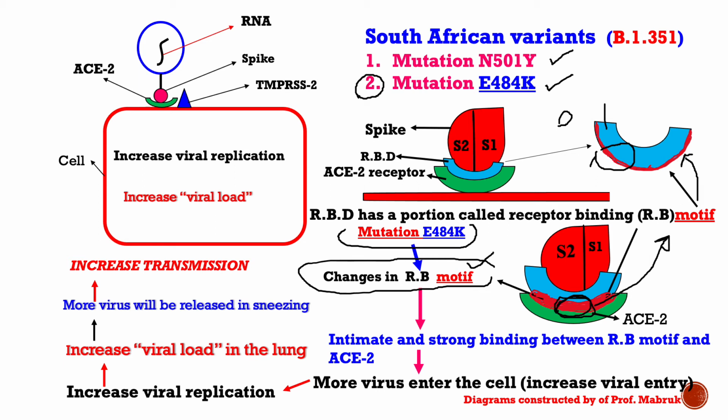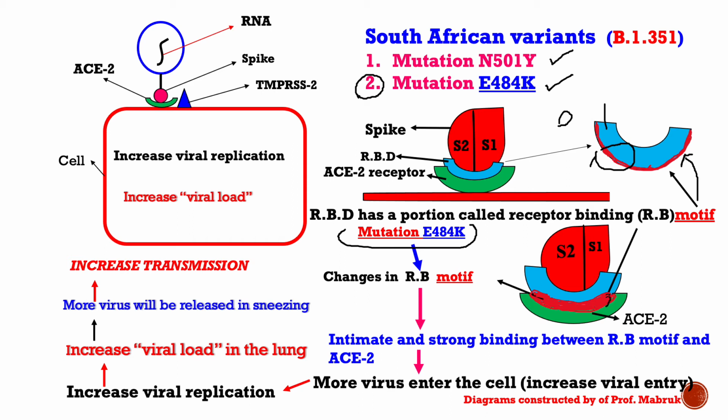This change in the receptor binding motif of the spike protein will result in an increase in the interaction between the receptor binding protein and the ACE2 receptor.